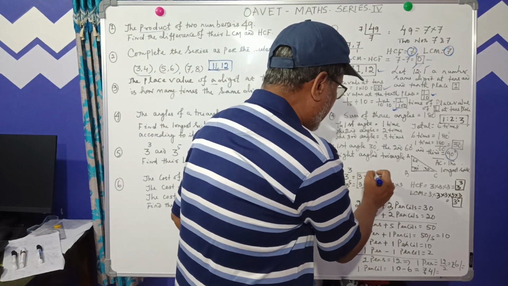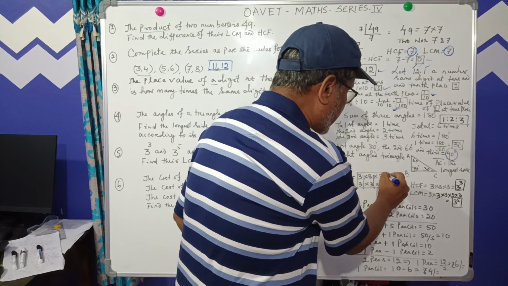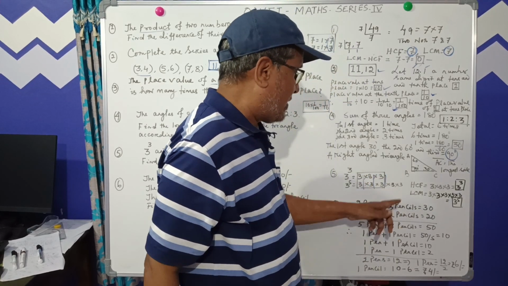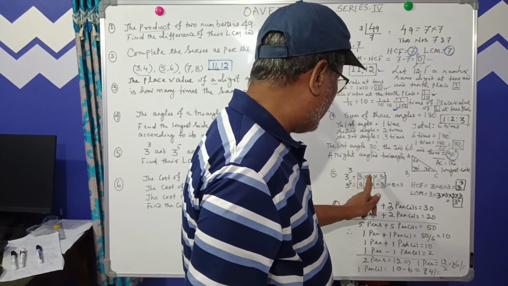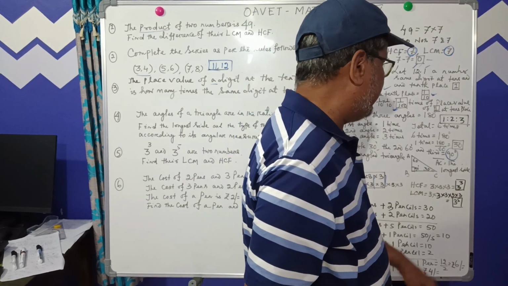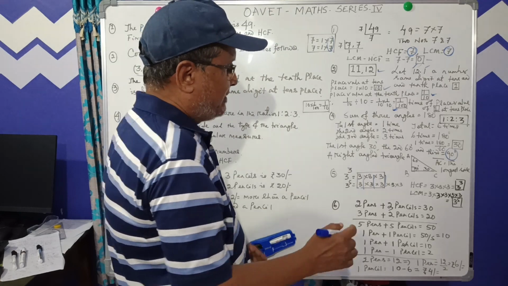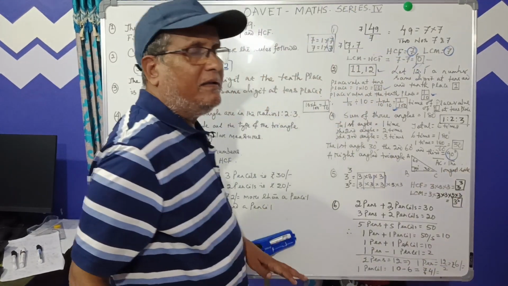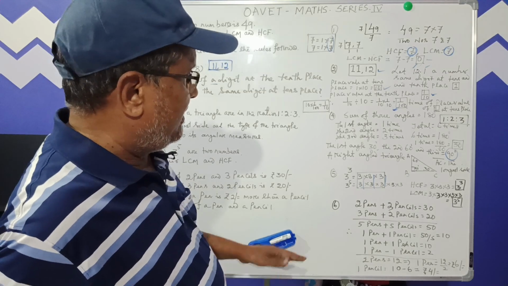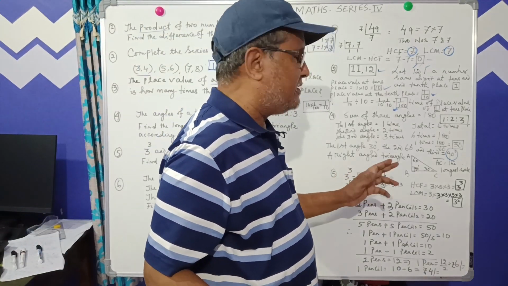Now you see, these three are common. So the highest common factor is 3 into 3 into 3, which we can say is 3 power 3. You can multiply 3 into 3, 9, which is 27.